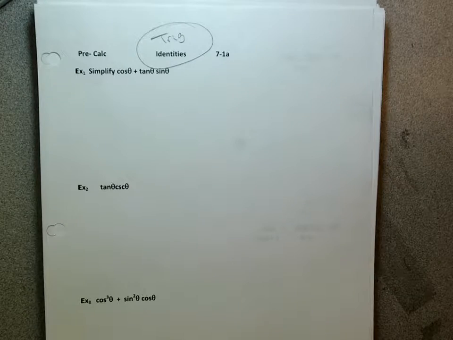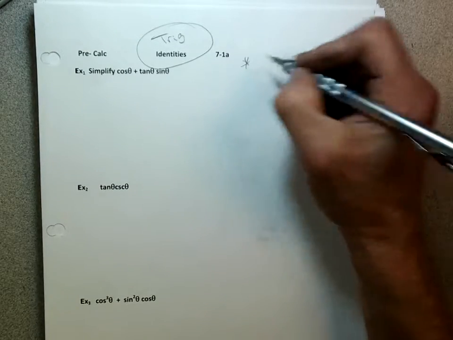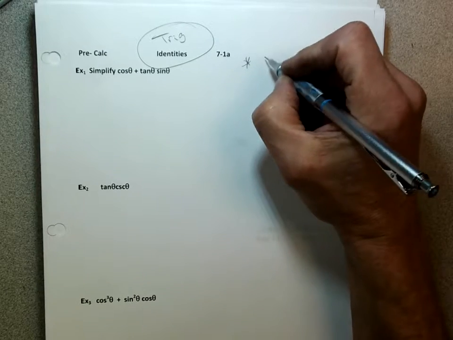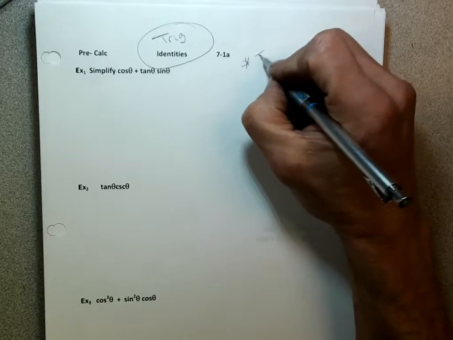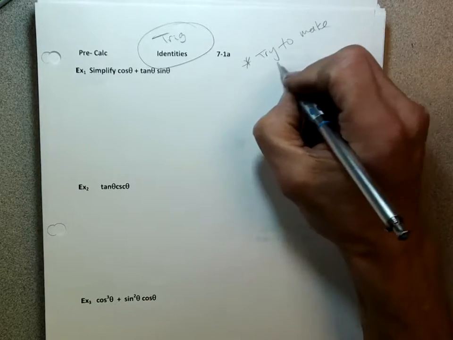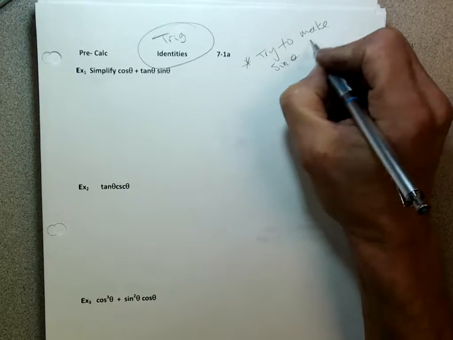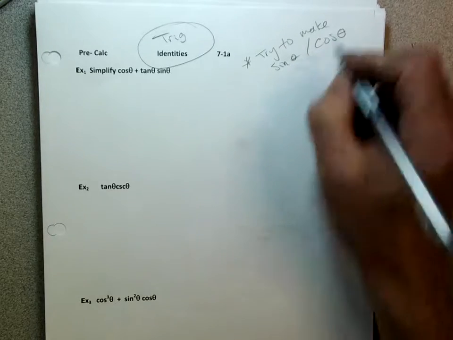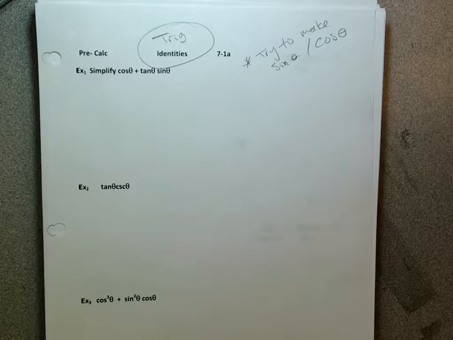So let's first of all take a look. When I do these, first of all, a hint is two. One, first of all, any kind of hint you want to try to make sine and cosine. If you make everything into a sine and cosine, then things will start to cancel and simplify, okay?